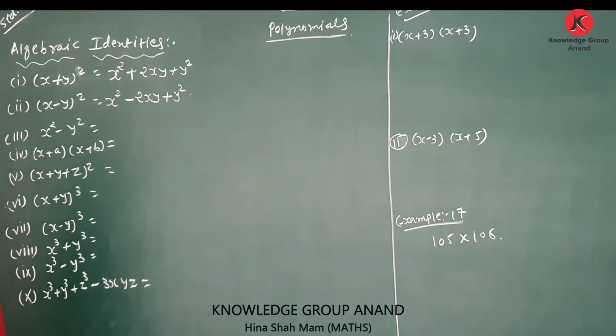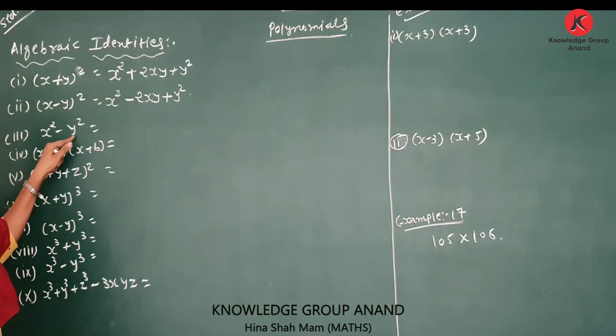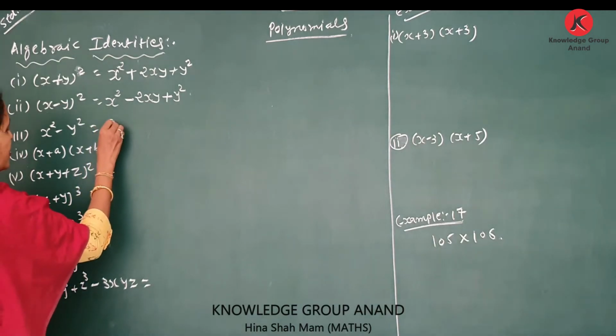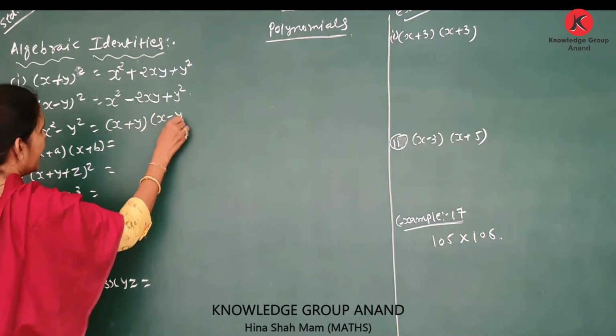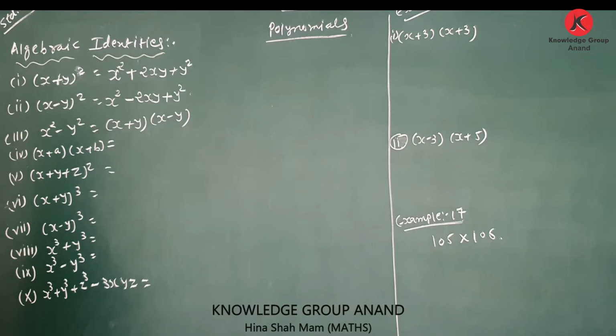Here the square of minus y is y square. x square minus y square. The factors of these terms are (x plus y)(x minus y).